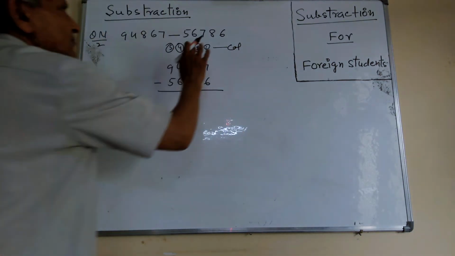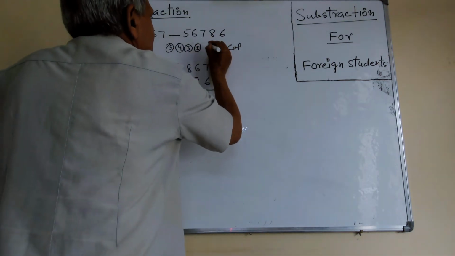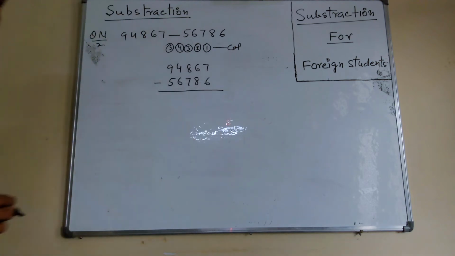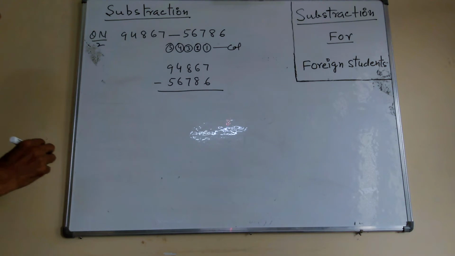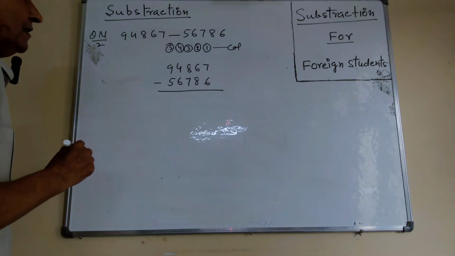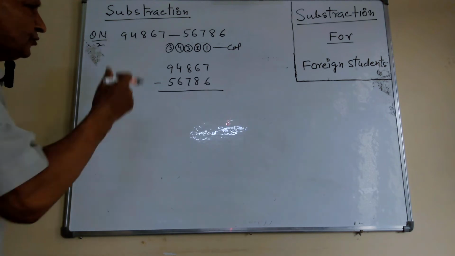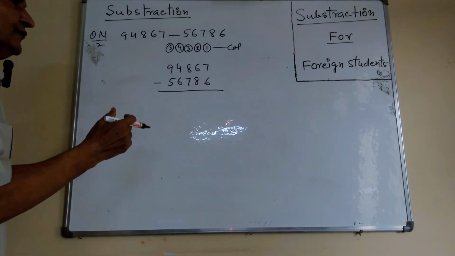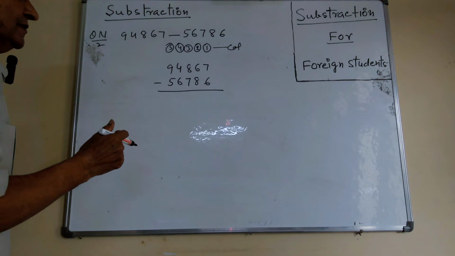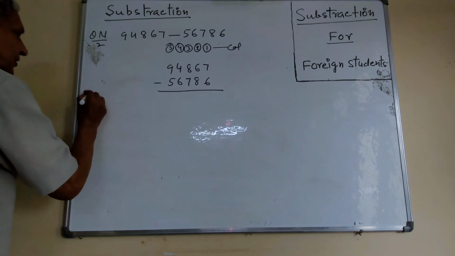So, my dear students, now we have to take these columns one by one, and we have to make the operation as we have done in the first question. Now, operations.